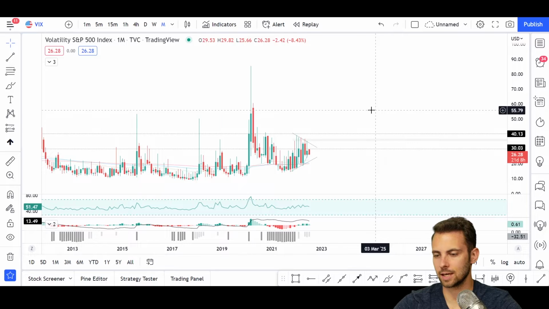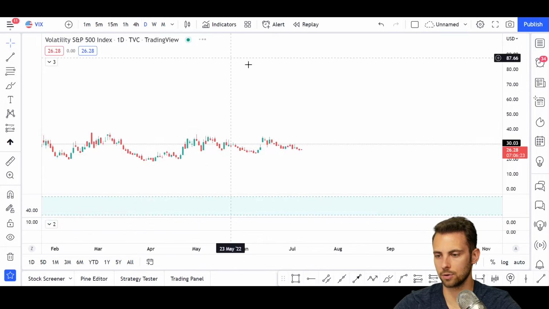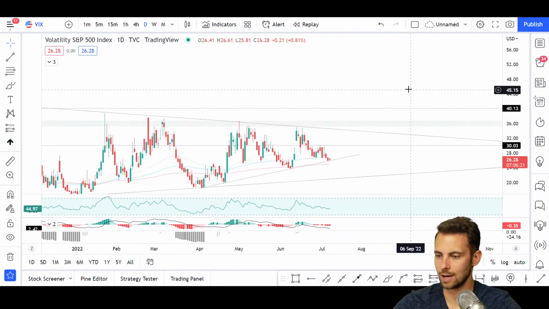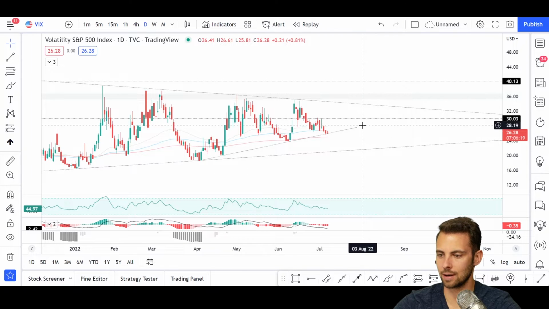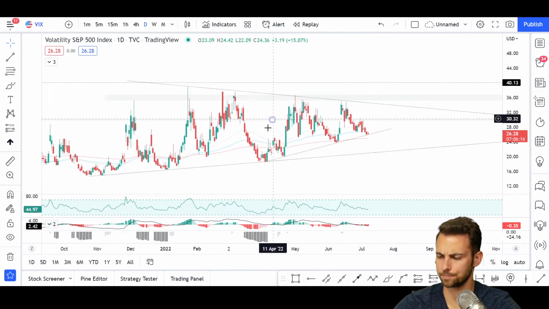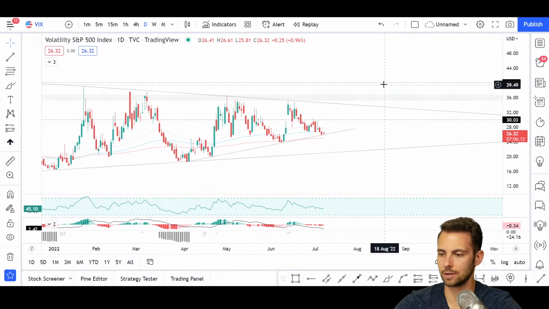On the VIX indicator, we are in a very interesting spot, as right now we are just touching this trend line that is pointing that we might still be on the verge of a rebound.